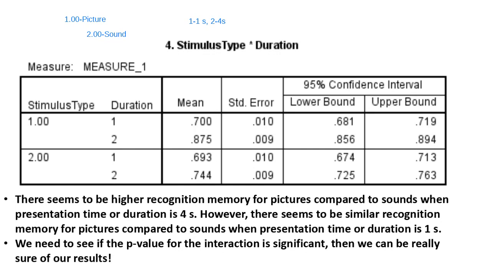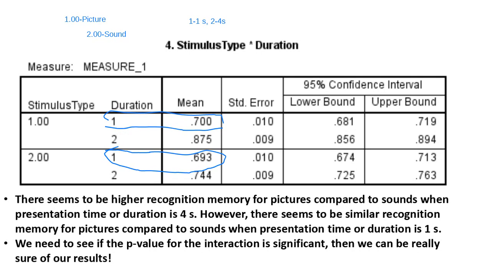But also, do you notice that at the 1 second, there is something interesting happening here. Can you see a difference between the means here? So one is 1 second for duration here, and then you have 1 second for the duration here. And for stimulus type, you have sound, 2.0, and then 1.0.